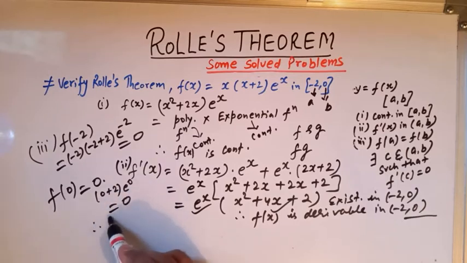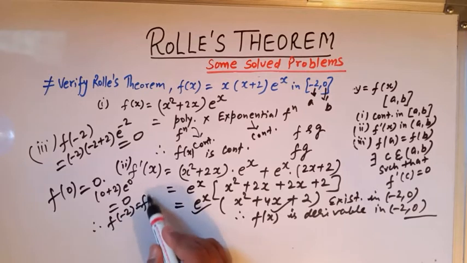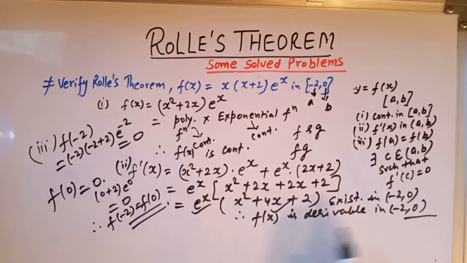So therefore f of minus 2 is equal to f of 0. So we see that all the three conditions of Rolle's theorem are satisfied. Clear?